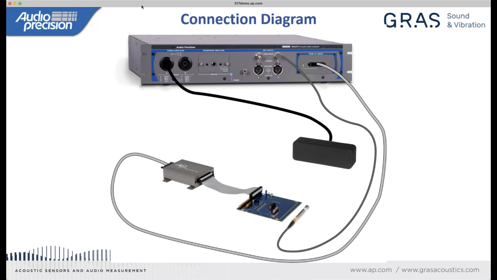Now in my application, the pressure field microphone is placed 90 degrees to the sound field, and that's to take advantage of the fact that a pressure field microphone has a flat frequency response in a free field when it is 90 degrees to the field. And then finally, I've got my 16 microphone array on an eval board that's connected to my remote interface pod, and then that is connected to the PDM16 input on the 517.